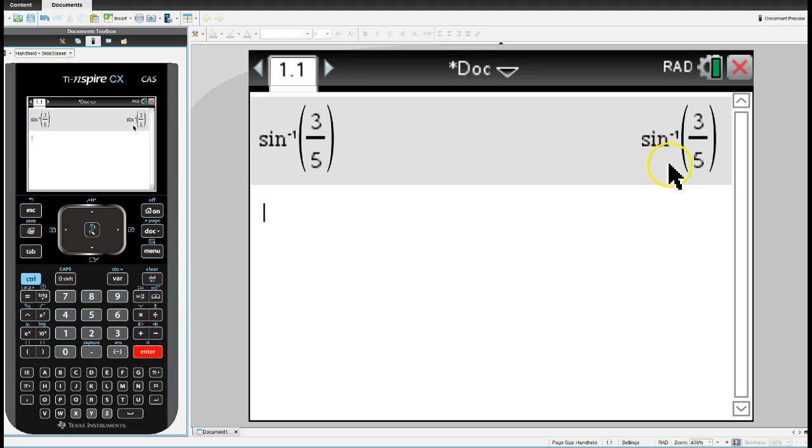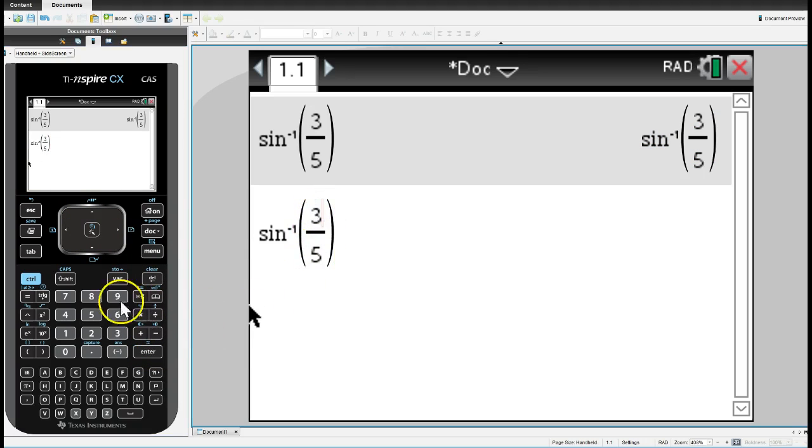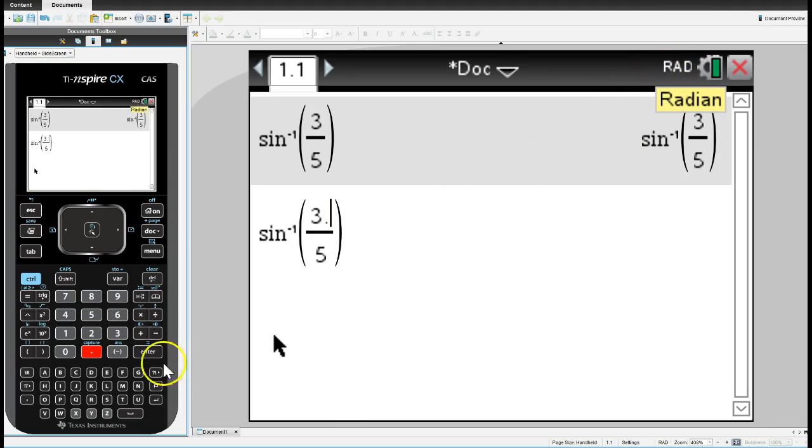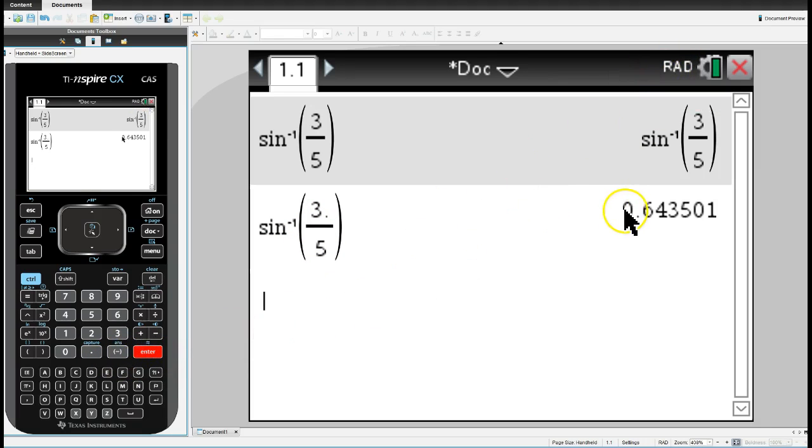It gives me the same thing I just typed in. That's an exact answer, folks, because there is no other way to express that exactly. But if I want an approximate answer, I'll force a decimal point in there anywhere, and it gives me an approximate value in radians.